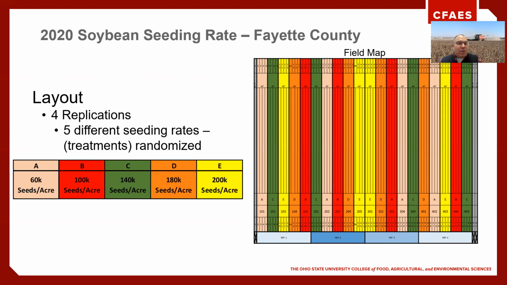We started with 60,000 seeds per acre, and we moved our way up to 200,000 seeds per acre, moving up 40,000 seeds per increment. All of these treatments were randomized using the OSU Plots app, which has a randomizing tool on it.